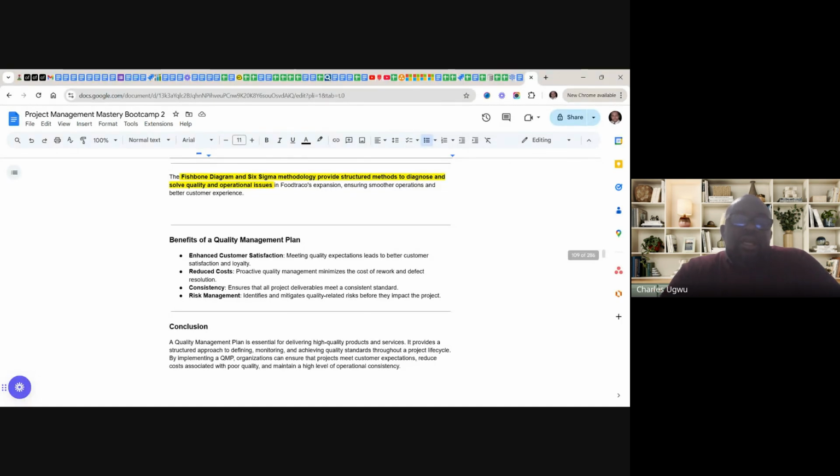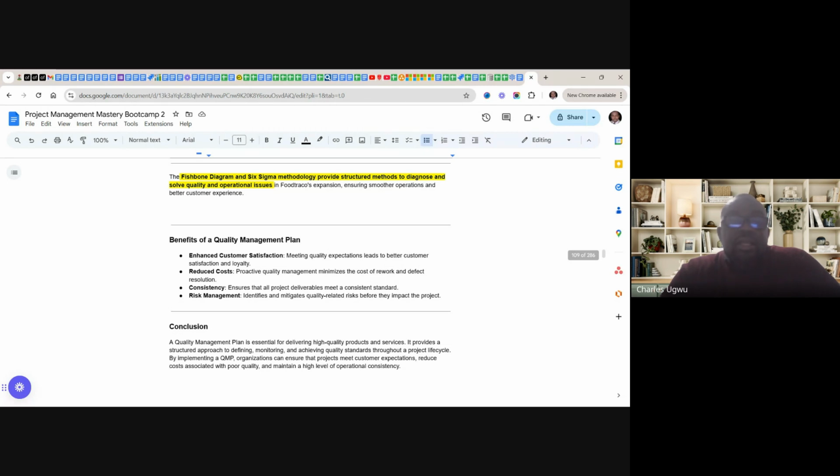Conclusively, a quality management plan is essential for delivering high-quality products and services. It provides a structured approach to defining, monitoring, and achieving quality standards throughout a project life cycle.